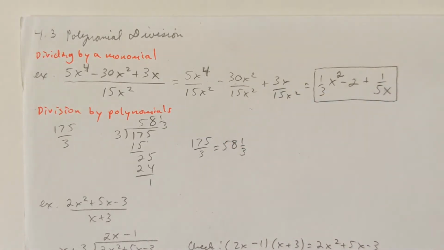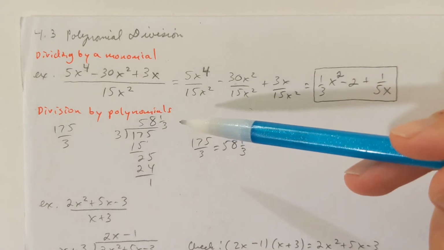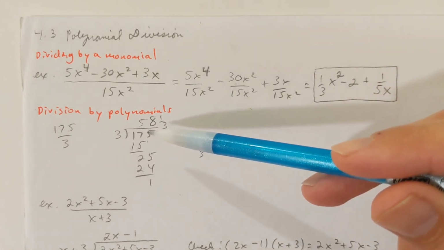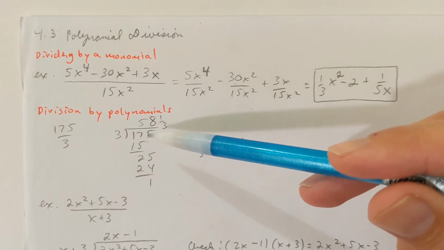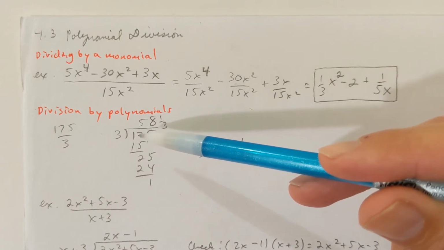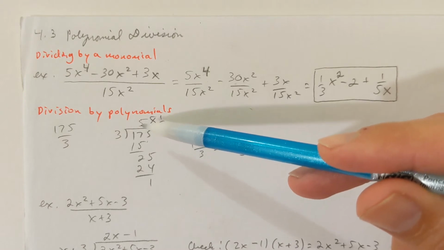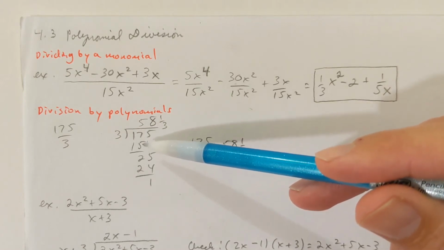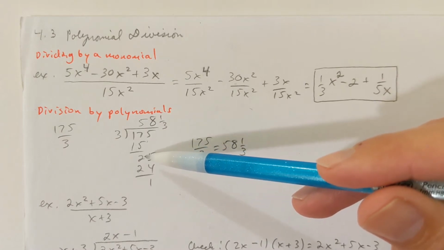Suppose that I want to divide 175 by 3. Okay, the 3 is going to go outside the division bar. Think of how many times 3 goes into 17. Okay, 3 can't go into 1. So 5 times. 5 times 3 is 15. 17 minus 15 is 2.